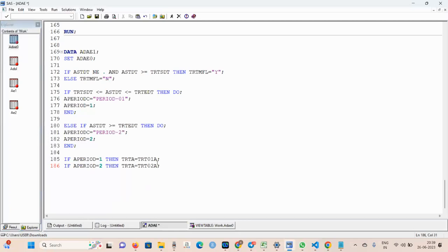The actual treatment is this one for period 1, and if the analysis period equals 2, then the actual treatment equals treatment 02A.